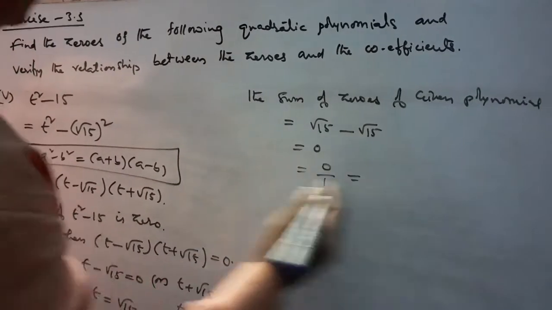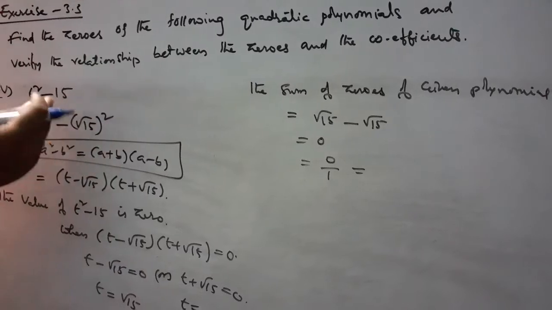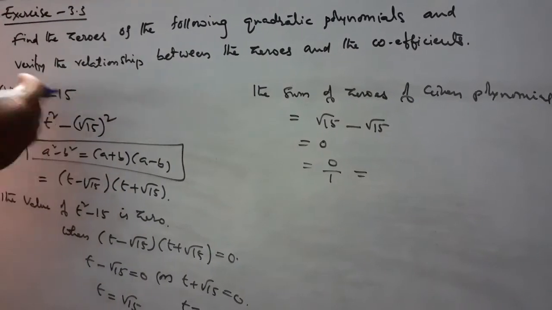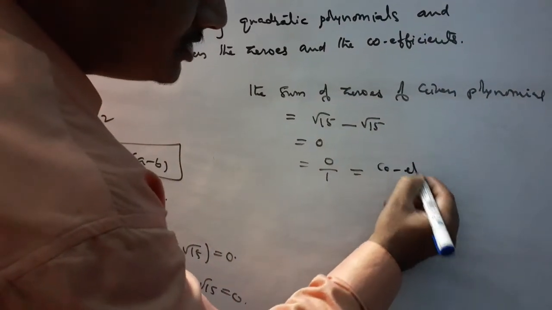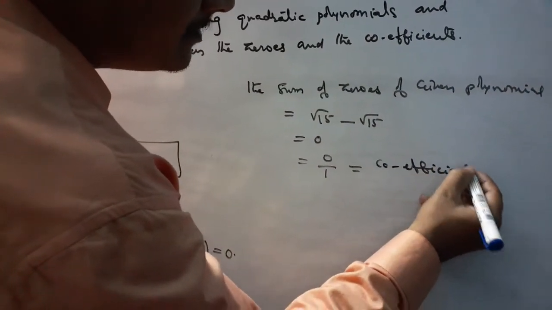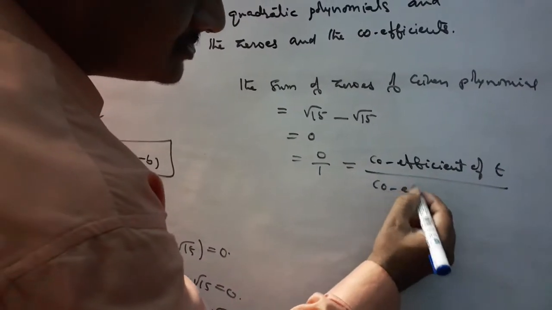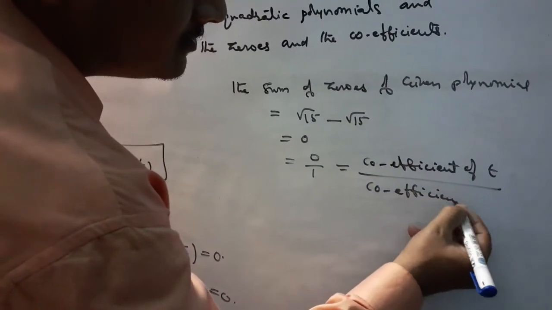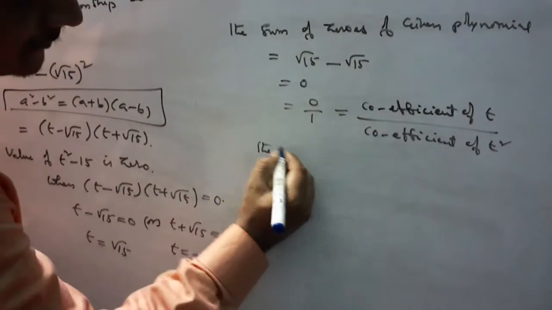The coefficient of t is not available, so it is 0 into t. The coefficient of t is 0, so 0 we can write as coefficient of t by 1, that is coefficient of t square.